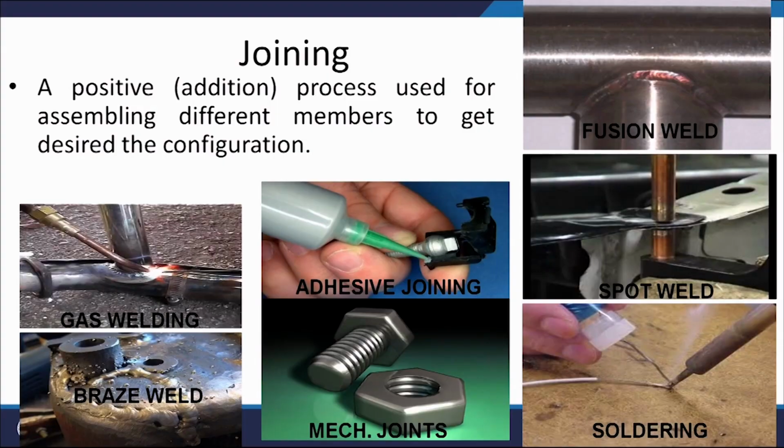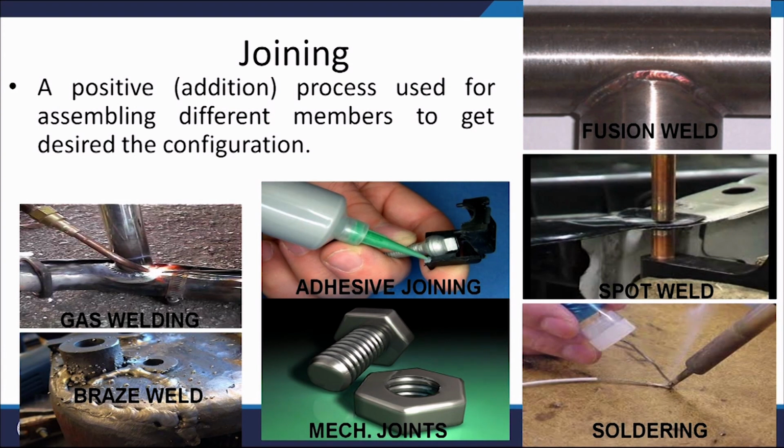So, we can see the different joining processes shown in this slide, the joining processes used for assembling the different members to get the desired configuration. This is where fusion is being achieved using gas welding. Here chemicals are applied to develop the joint between plastic components in adhesive joining. Spot welding is done to join strips, and in fusion welding using the arc, the joint is made.